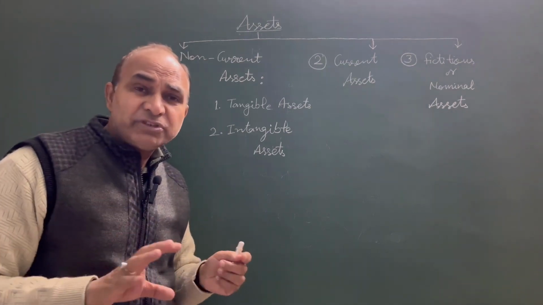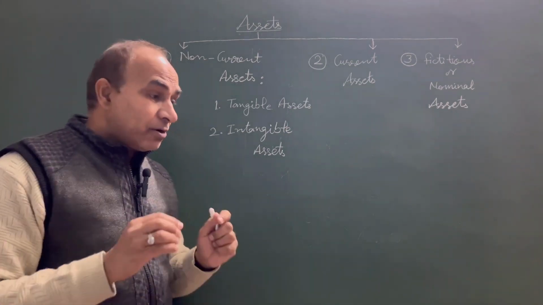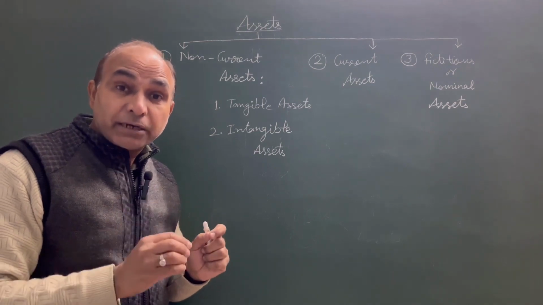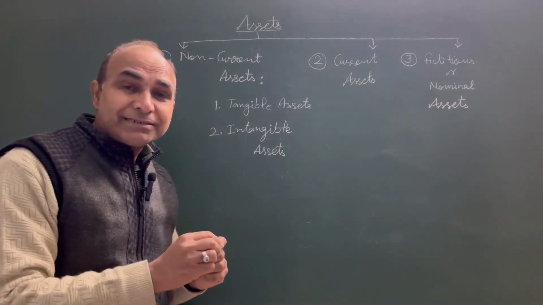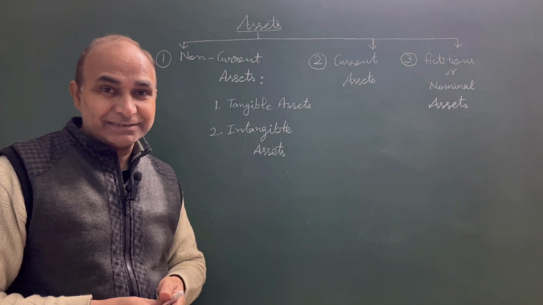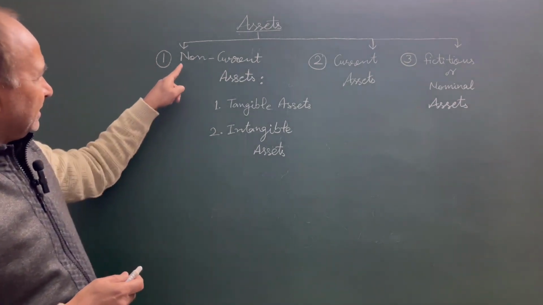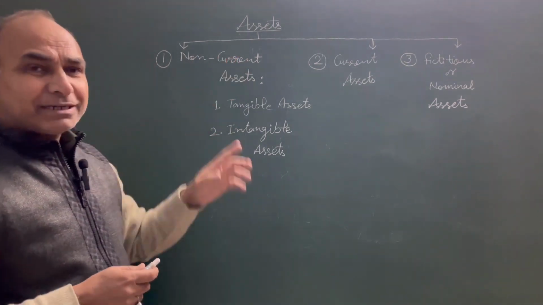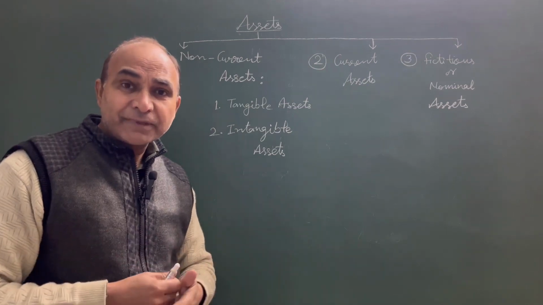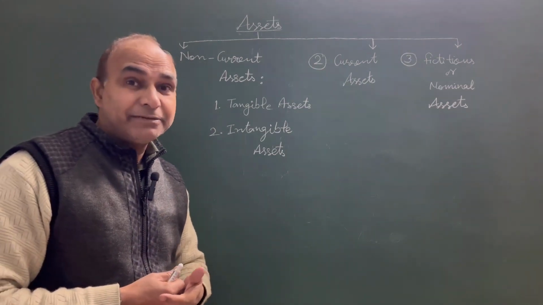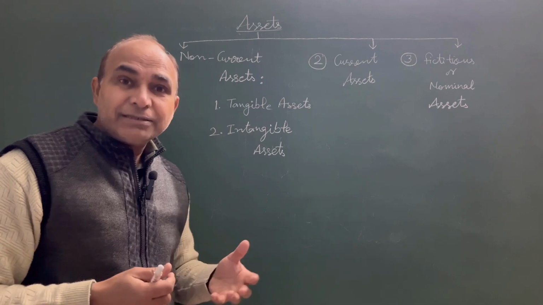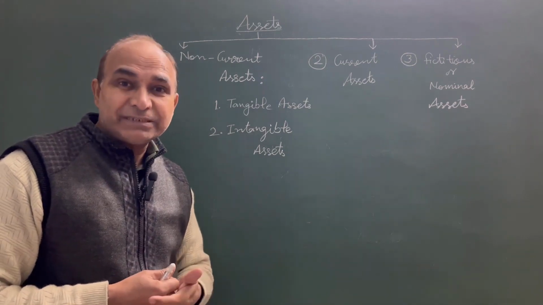Non-current simply means which is not the current asset, or it is also termed as long-term asset or long-term property of the business. Its examples are machinery, equipments, land and building, vehicles, long-term investment.